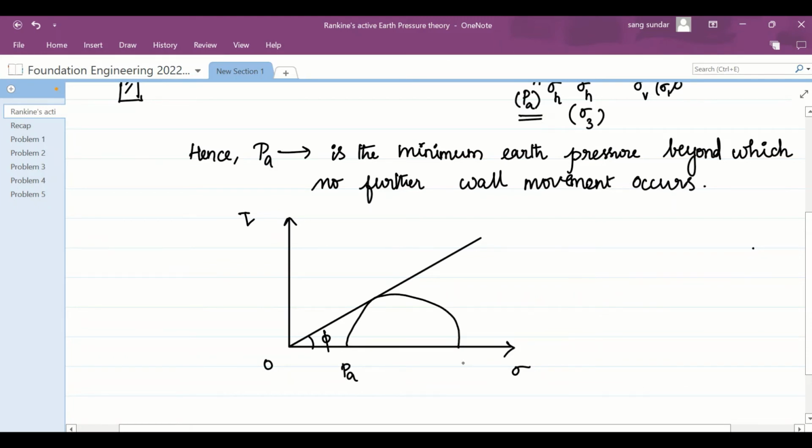So this is PA, and this is your sigma V point.